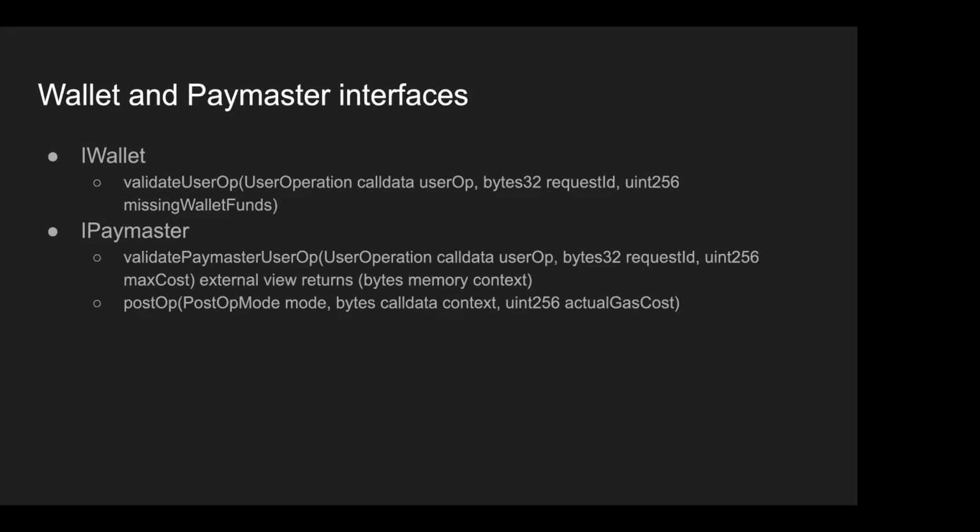So it only checks the user operation to see if it should pay for it, and it can optionally have a post op in case it wants to perform any bookkeeping or charge the user at the end of the operation. So if the validation function returns a non-empty context, then post op will be called. Otherwise, it doesn't need to implement it.